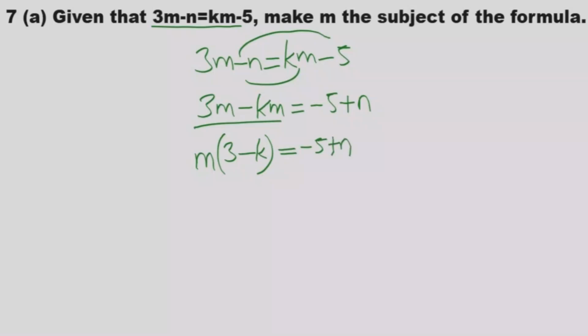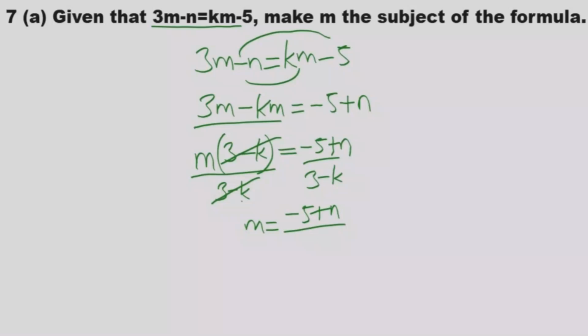Now here what we need to do is we divide both sides by 3 minus k. So on this side, 3 minus k down and 3 minus k on top will cancel each other out, leaving us with m is equal to negative 5 plus n over 3 minus k. There are no like terms that can be cancelled out.